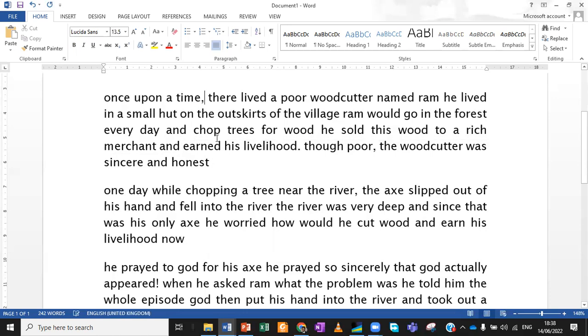Very correct. Now, continue. There lives a poor woodcutter named Ram.